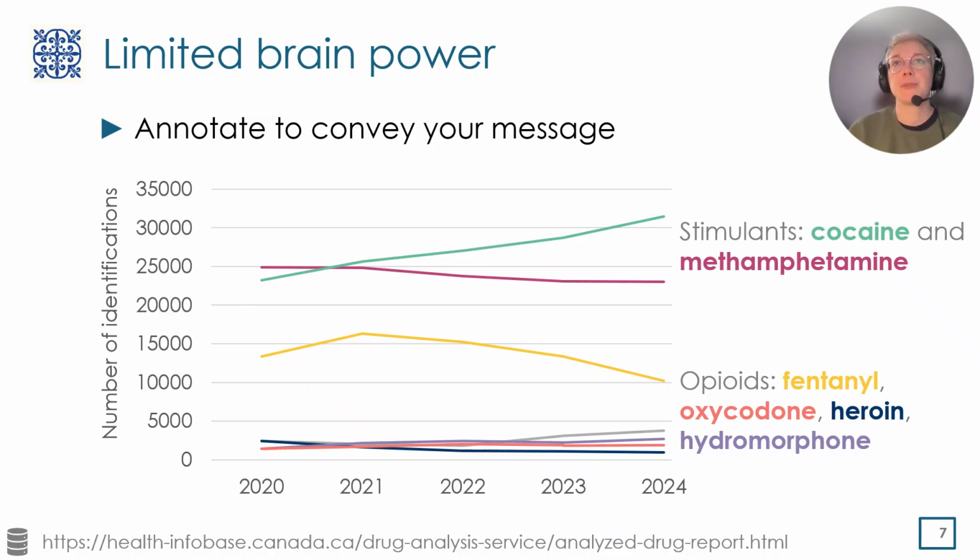So what you could do, for example, is to put something on the side that really carries out the message more efficiently. And so here I put stimulants, cocaine, and methamphetamine. And at the bottom, I have opioids, fentanyl, oxycodone, heroin, hydromorphone. And when it's annotated like that, instead of being a legend at the bottom, I see very quickly that stimulants are more of an issue in that country than opioids are in terms of number.